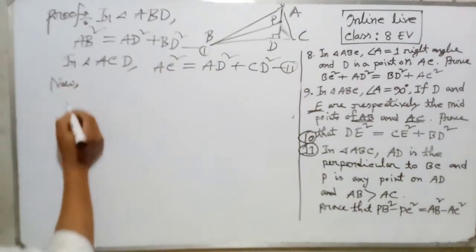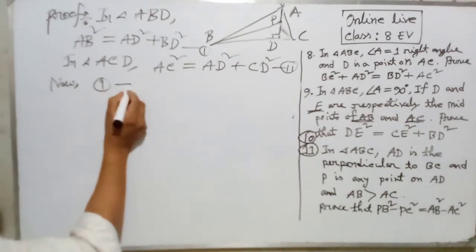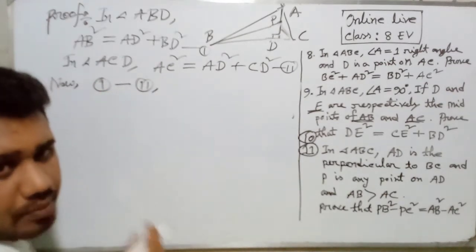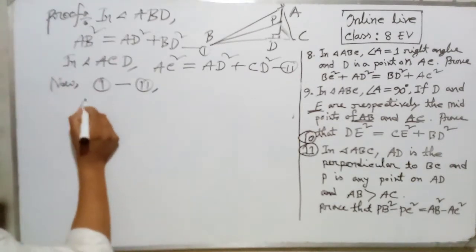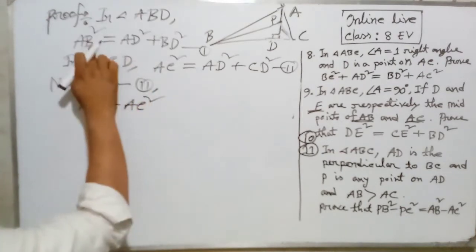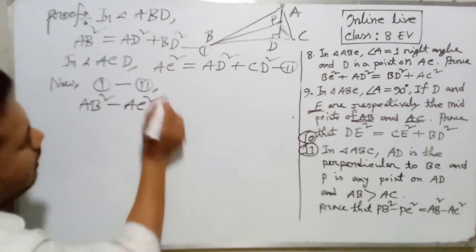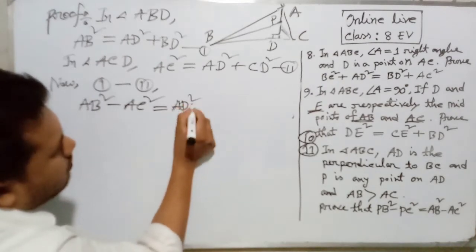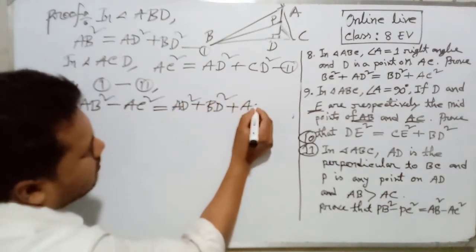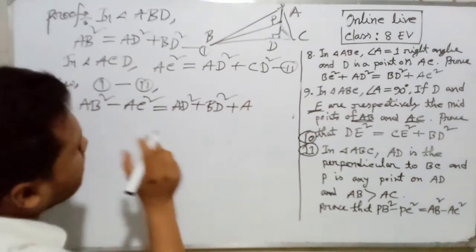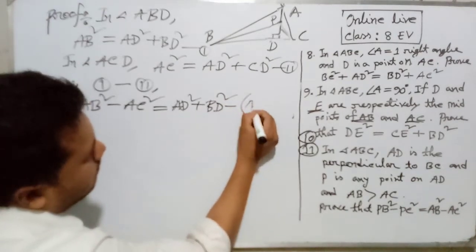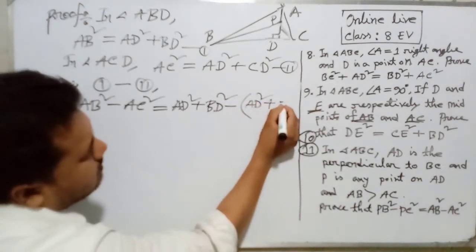Now dear students, equation 1 minus 2. If we subtract equation 2 from equation 1, it will be AB square minus AC square equal to AD square plus BD square minus, in bracket, AD square plus CD square.